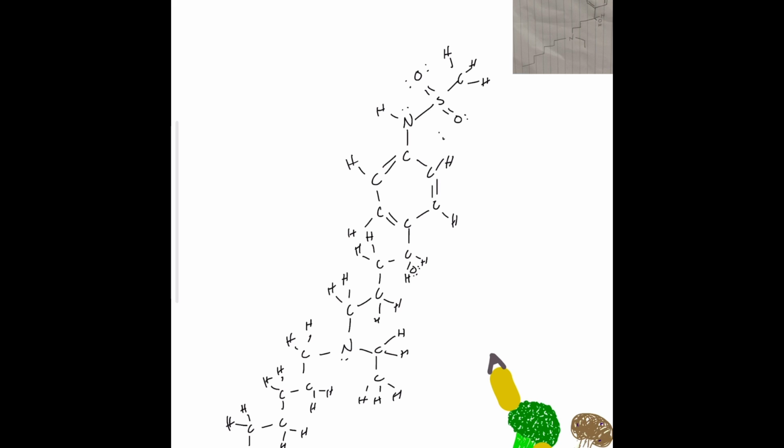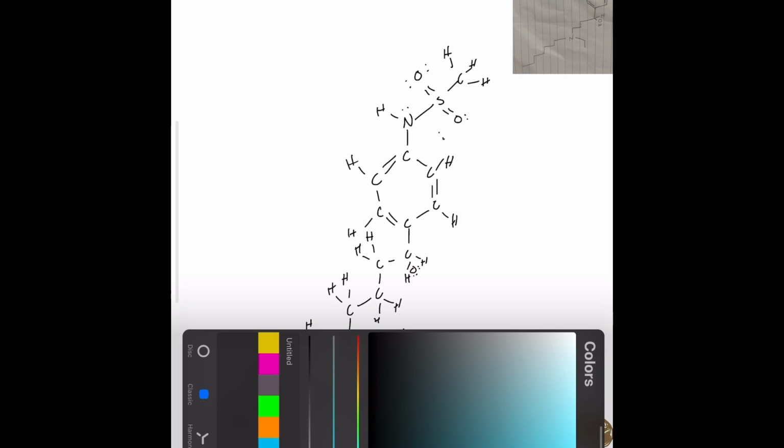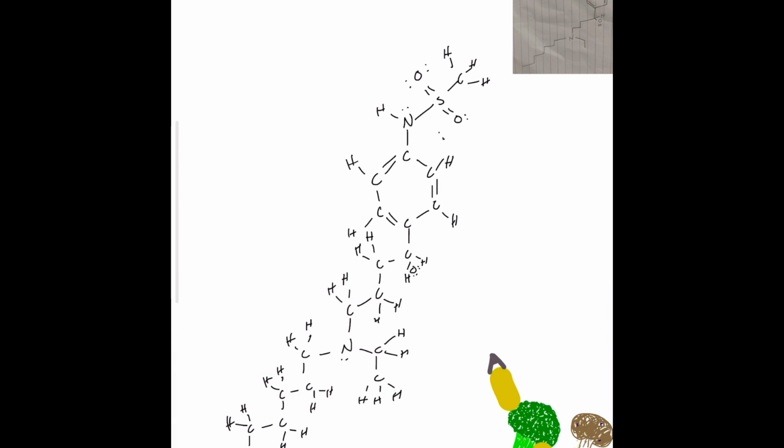Yeah, back to the VSEPR theory though. Here we can see tetrahedral bonds because there's a central atom with 4 single attachments to it. And this little stair effect allows us to make some assumptions that the molecular geometry is going to be similar, at least where we see these stairs of carbon-hydrogen bonds.